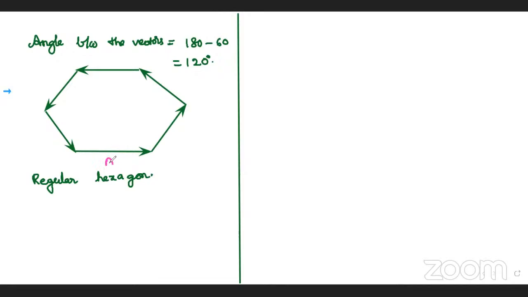Suppose these are the vectors A bar, B bar, C bar, and in the same way D followed by E followed by F. A regular hexagon has sides of the same length.